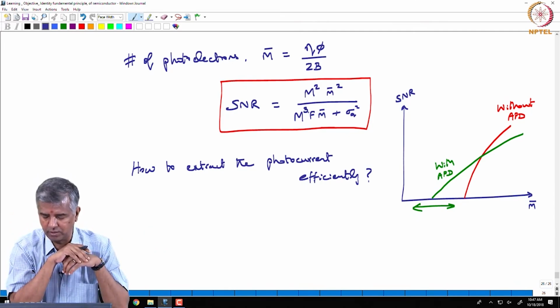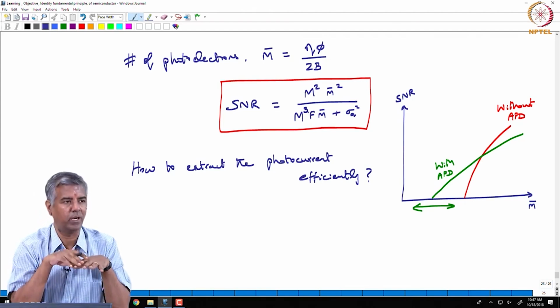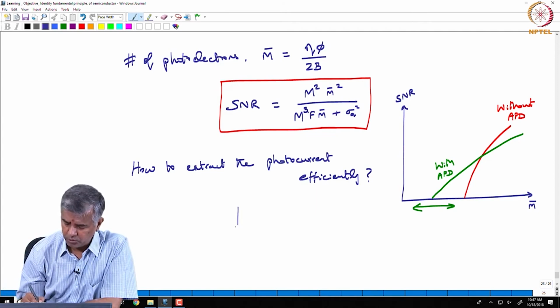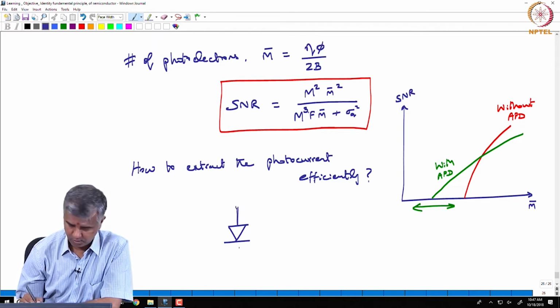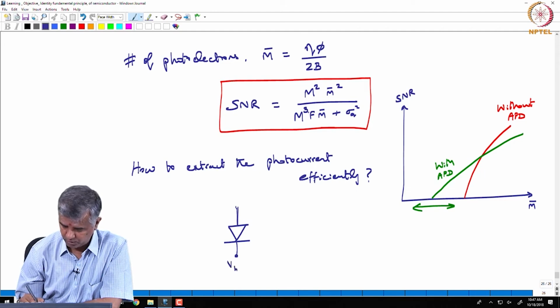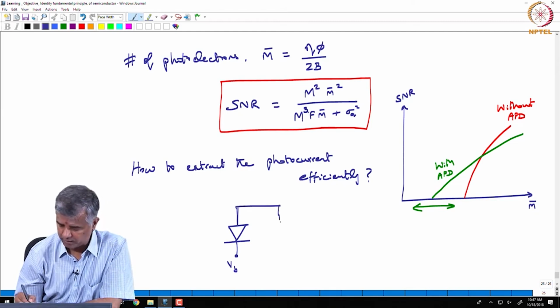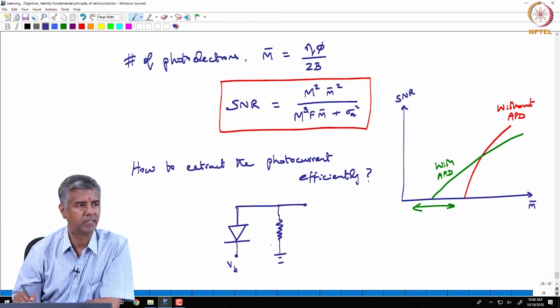So, there is nothing to worry about, but in reality you do have to worry, because let us say you take this simple example of a photodiode which is reverse biased, meaning that the cathode is connected to a positive bias, and let us say you are just trying to extract the output through just a load resistor RL.